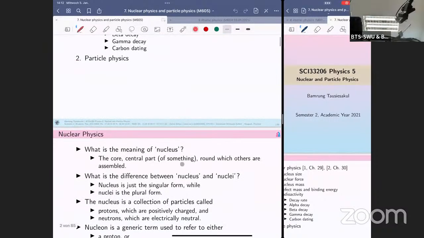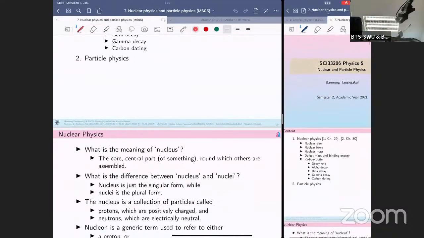So what is the meaning of nucleus? Of course, the word nucleus means the core or central part of something, and round which others are assembled. It has a round shape. What is the difference between nucleus and nuclei?